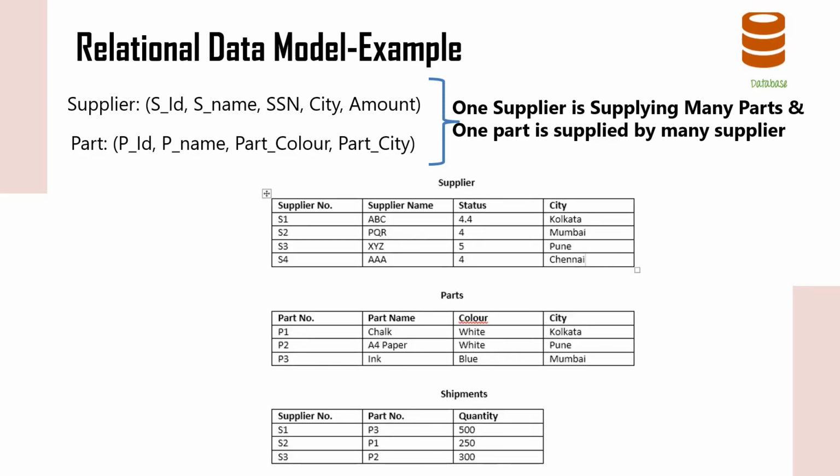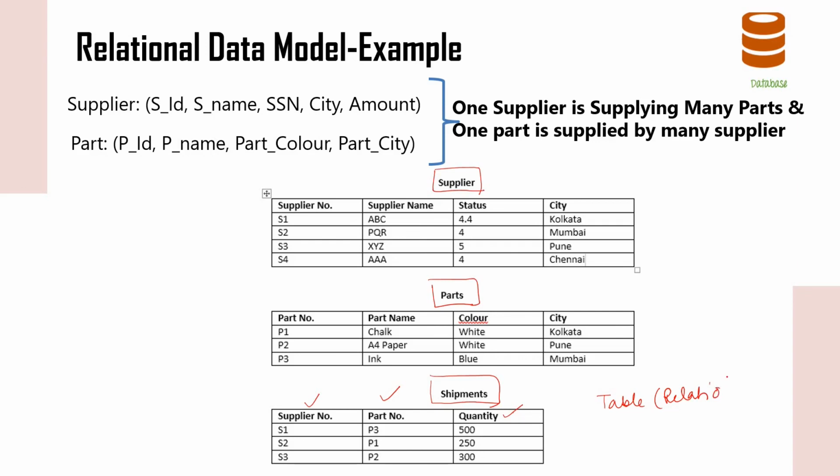I have created a supplier table and a parts table, and for shipment quantity, I will show another table. That means the relation between supplier and parts is shown in the table structure itself. Since the table has the formal name of relation, this model is called the relational data model.